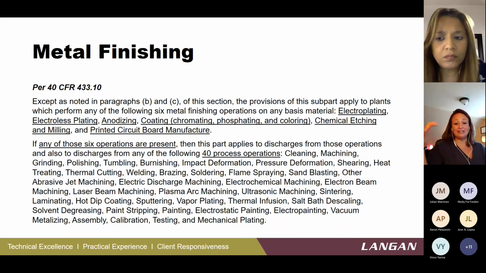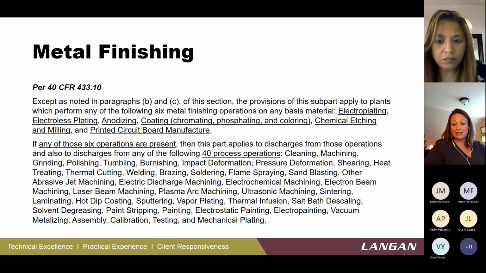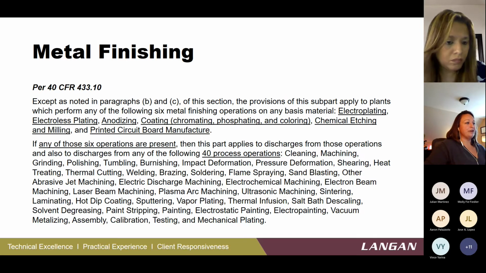If you're doing these things, this applies to you. And P.S., if you're doing these things, these other 40 things that you're probably also doing, all of it becomes categorical wastewater. So things that would be seemingly unrelated now become part of that category and need to be regulated and permitted together.